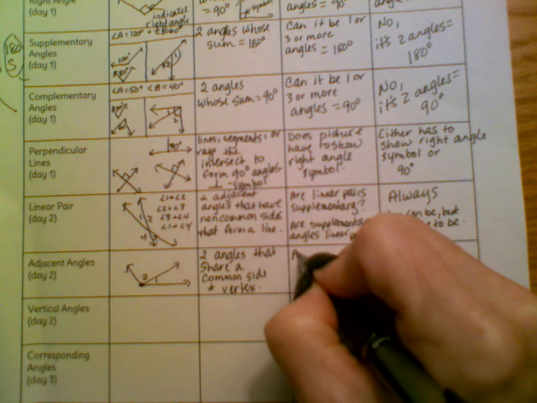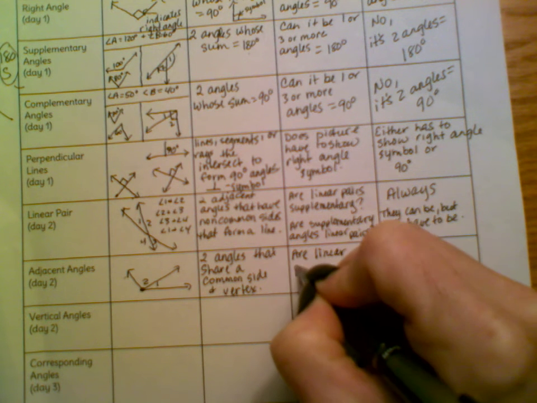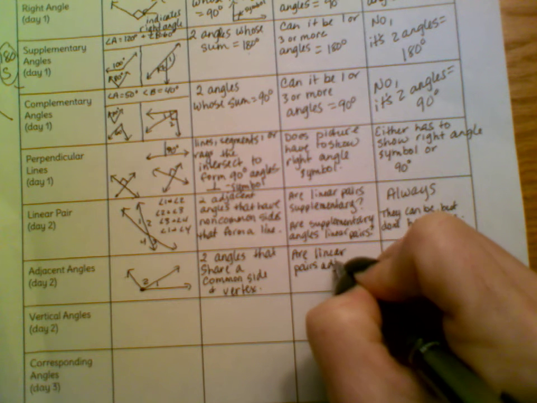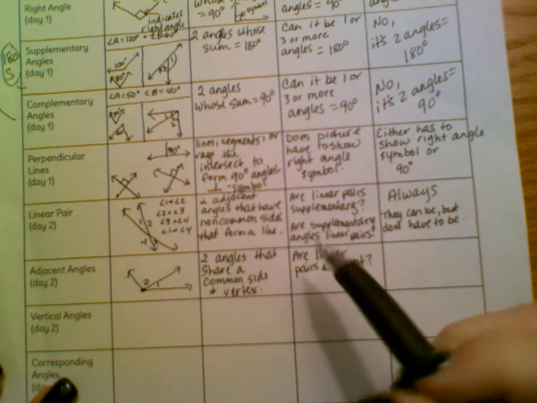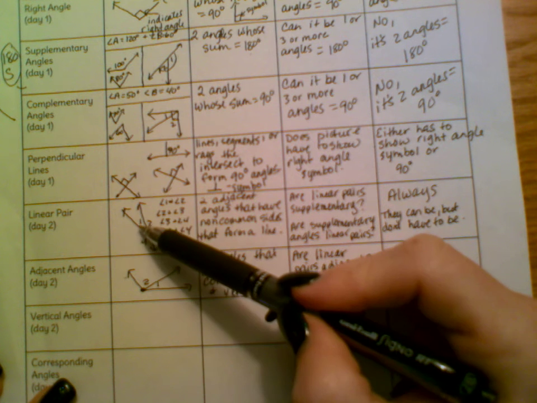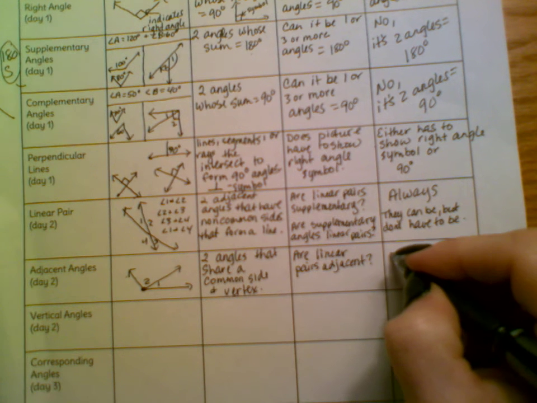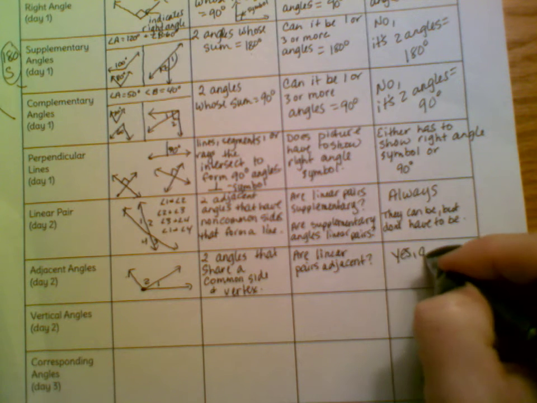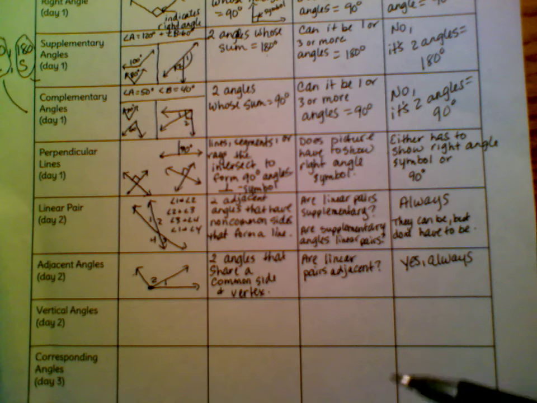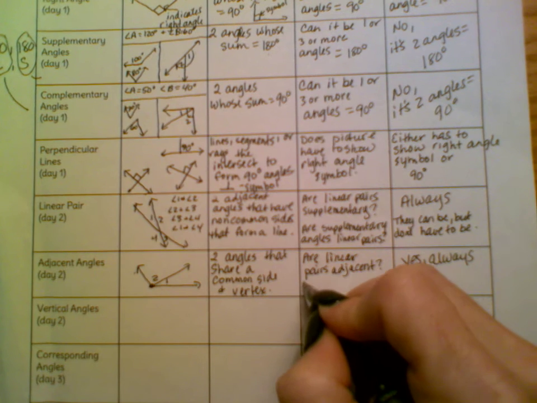So maybe for that one, we could ask, well, are linear pairs adjacent? Let's connect to what we just did. Here, linear pairs, it actually says two adjacent angles. So right there it tells me that yes, always. Linear pairs would always be considered adjacent, but a linear pair is more specific because it's two adjacent angles that must equal 180 degrees. But maybe I ask this the other way.